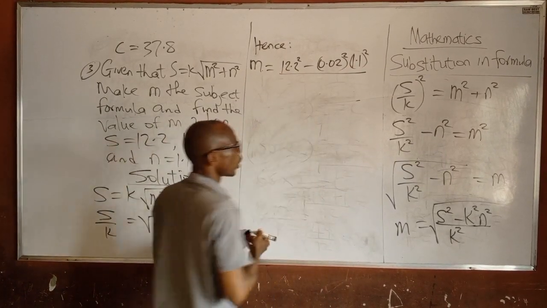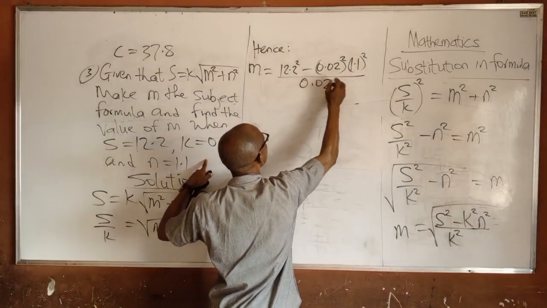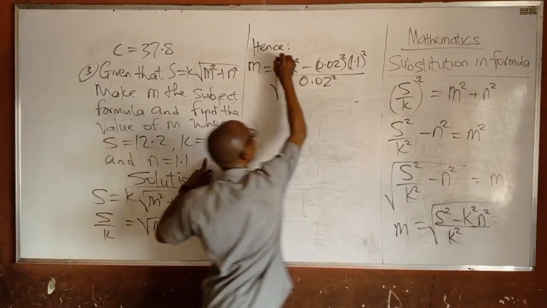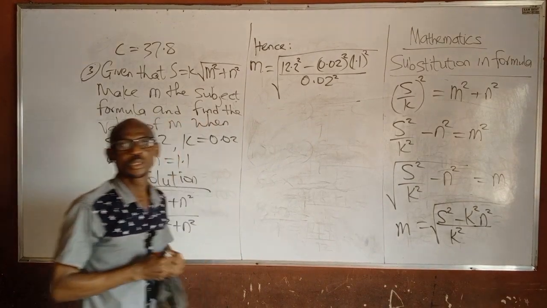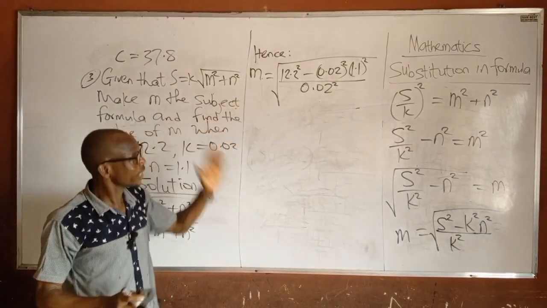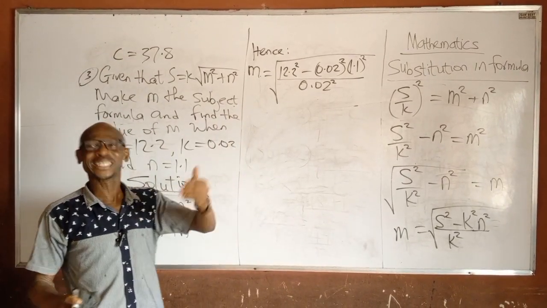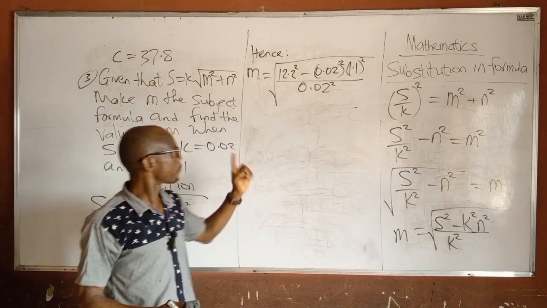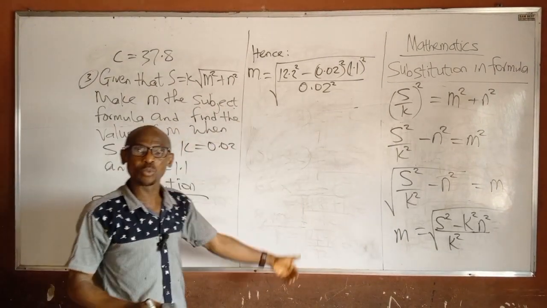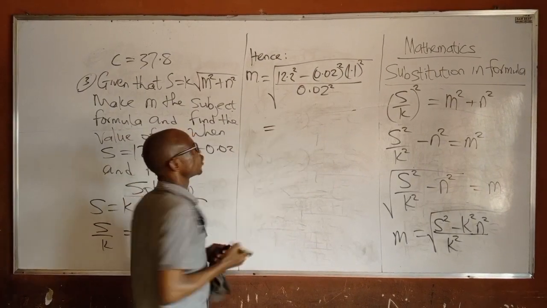All over our k, 0.02 squared. All in square root. You see that? All in square root. This is basically what we mean by substitution: replacing letters in a formula with a given value.